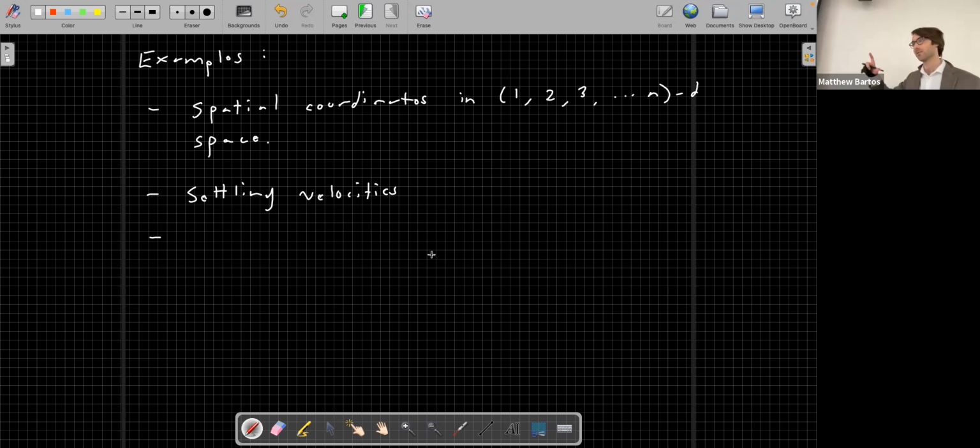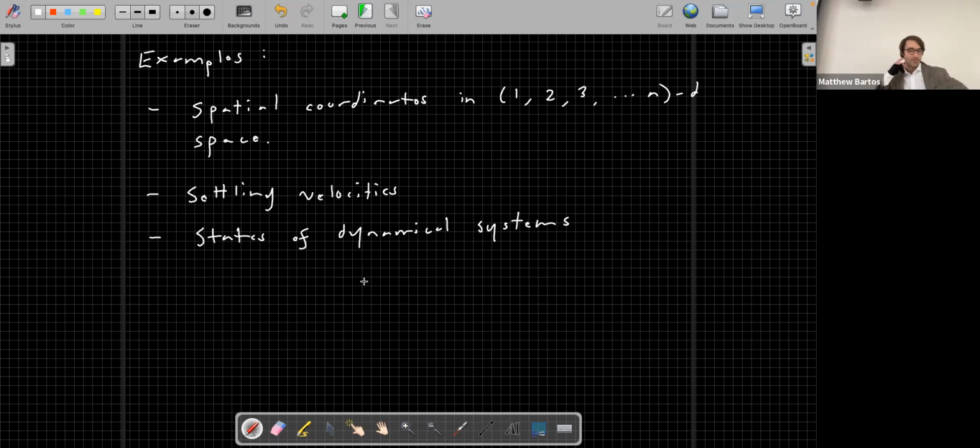So if we have states of a system that are connected in some way, we can represent them as vectors. One of those states might be the settling velocity in a tank. It could be the position and velocity of a structure, right? We can use vectors to represent our states. What are some other things we can use vectors for?